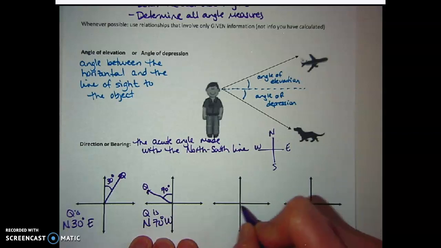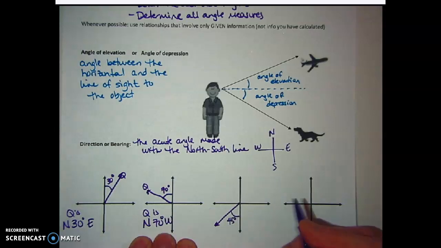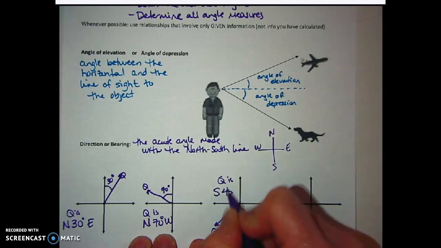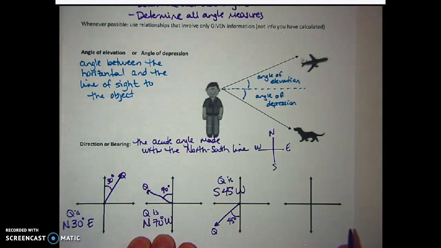Continuing down this way. Again, we need to know what the angle is off of the north-south. So if this was a 45-degree angle, to get from here out to Q, the first thing I have to do is go south, but then I'm going 45 degrees to the west. So that would be a bearing of south 45 degrees west.